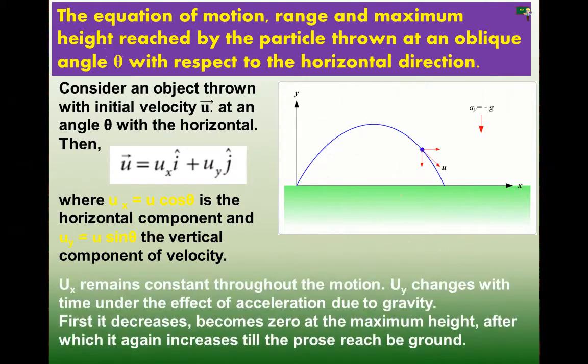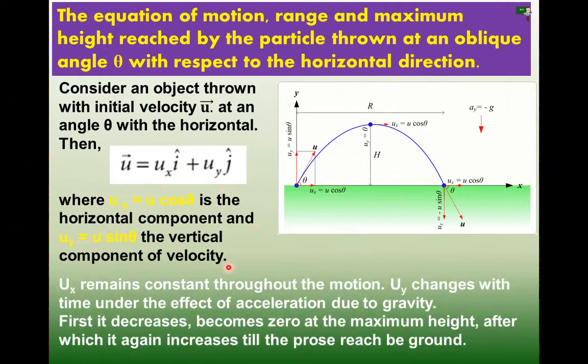Consider an object thrown with initial velocity vector u at an angle theta with the horizontal. Then u vector = ux i + uy j, where ux = u cos theta is the horizontal component and uy = u sin theta is the vertical component of the velocity, which I mentioned earlier using the picture.